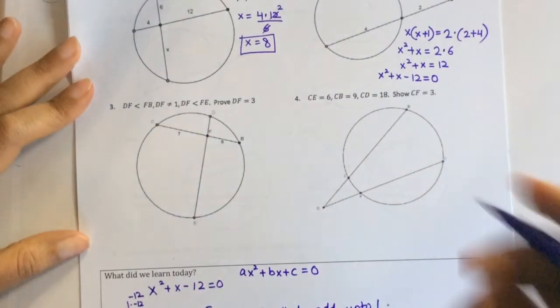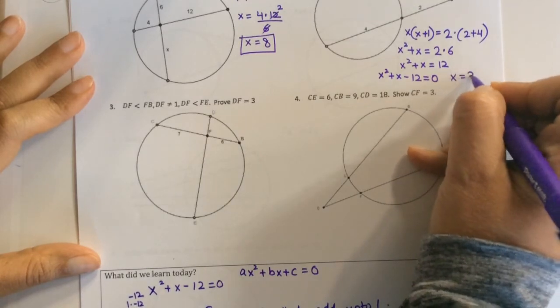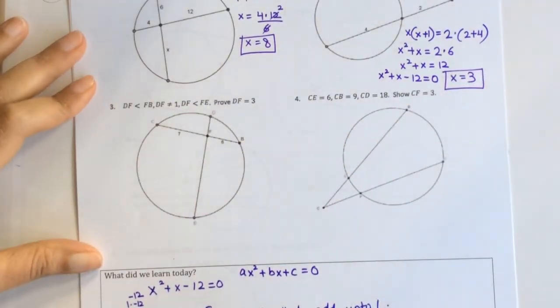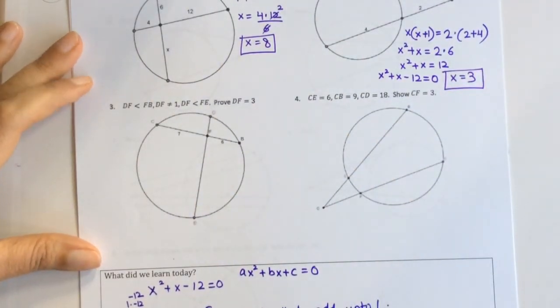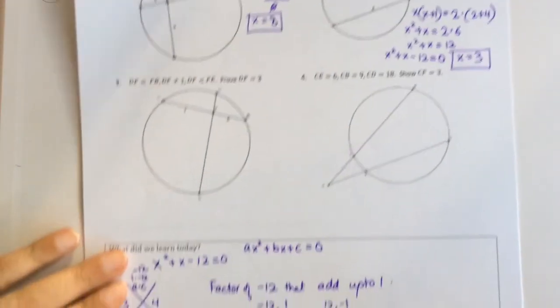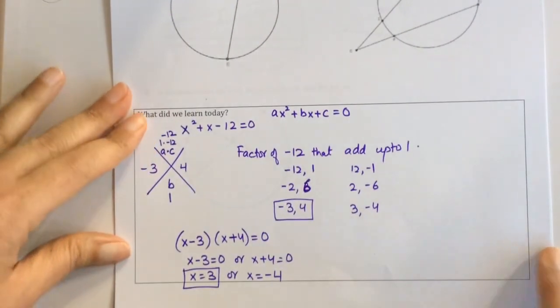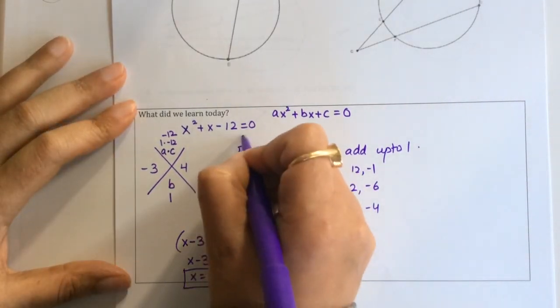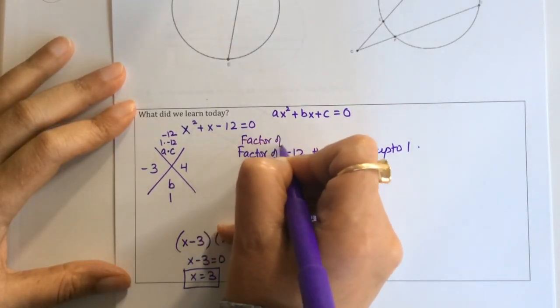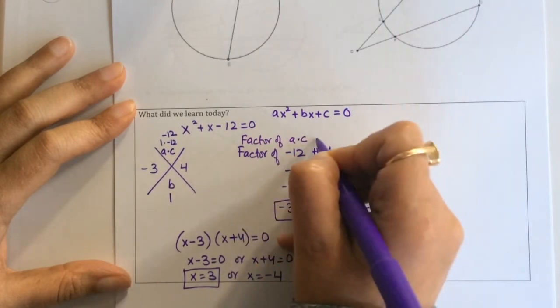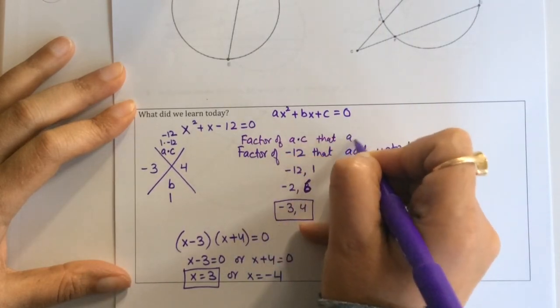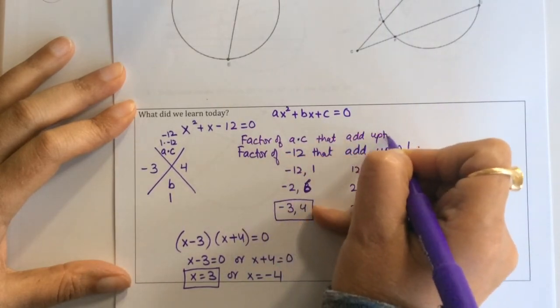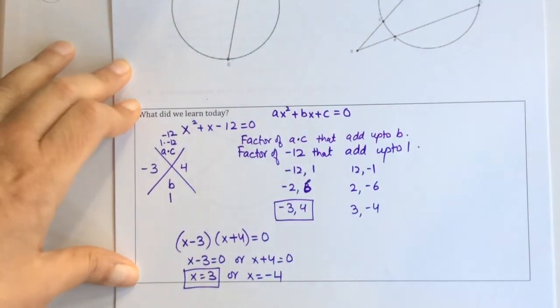So I got x equals 3 here. If you want to look at the solution again, here it is. I'm looking for factors of a times c that add up to b.